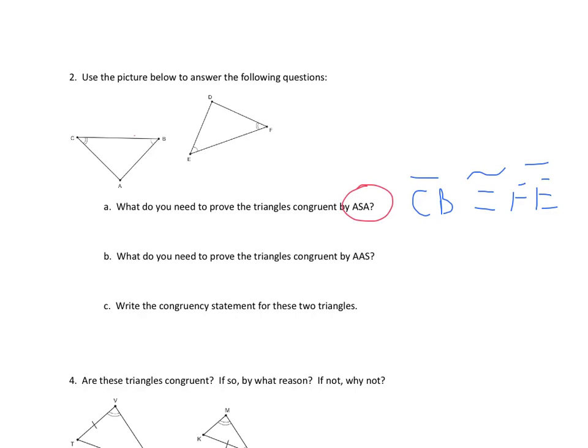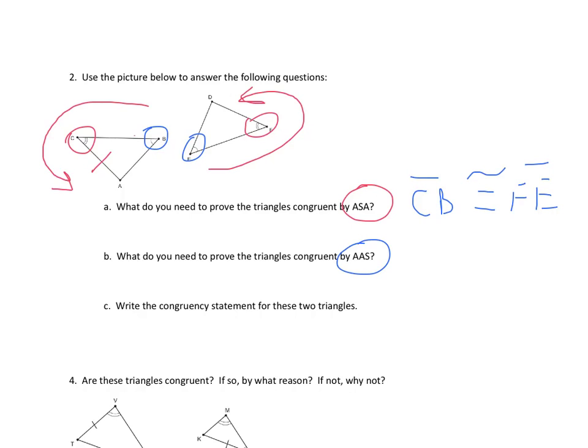What do I need to prove the triangle is congruent by angle, angle, side? Okay, so now I have angle, angle, side. Now you actually have a choice here. If I go this way around, I would need to know that AC, which I'm going from blue around to red, then I would go this way around, and that would be FD.